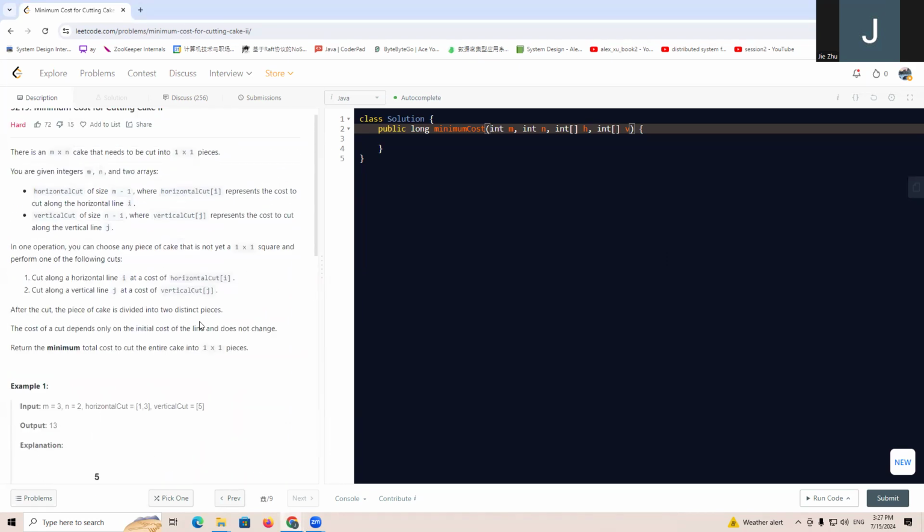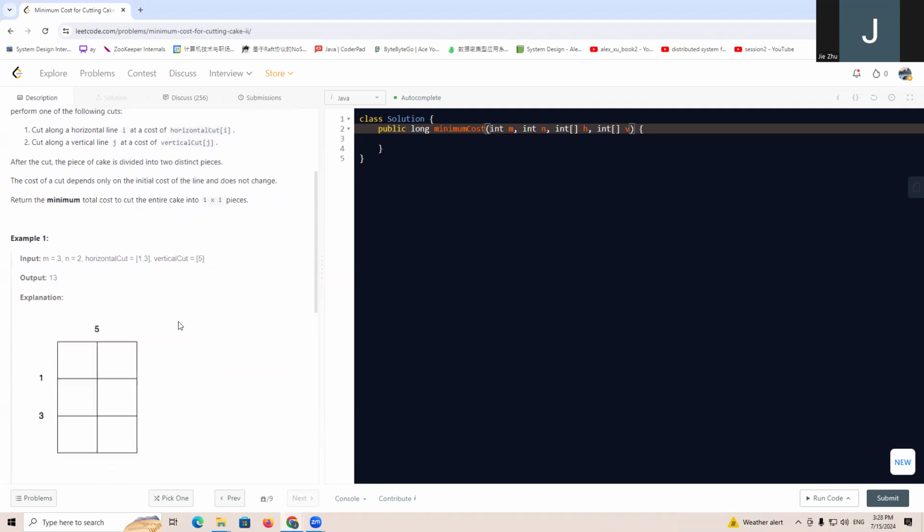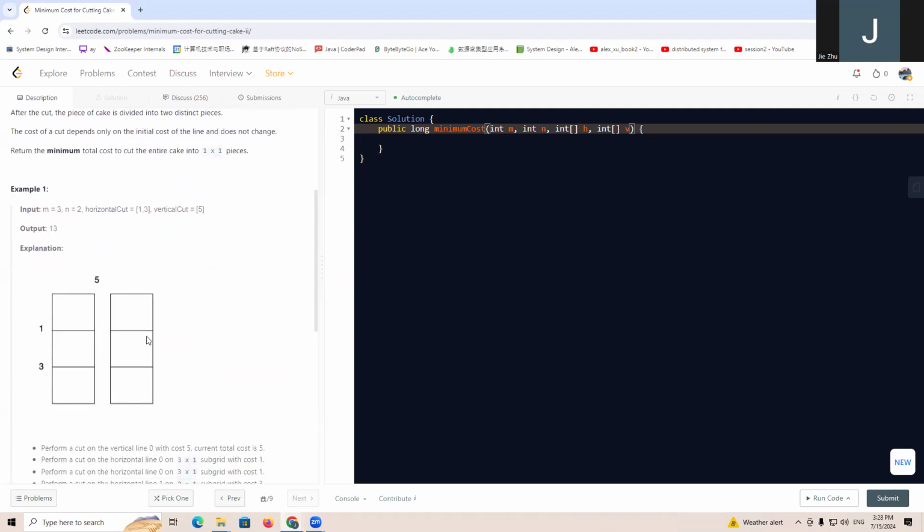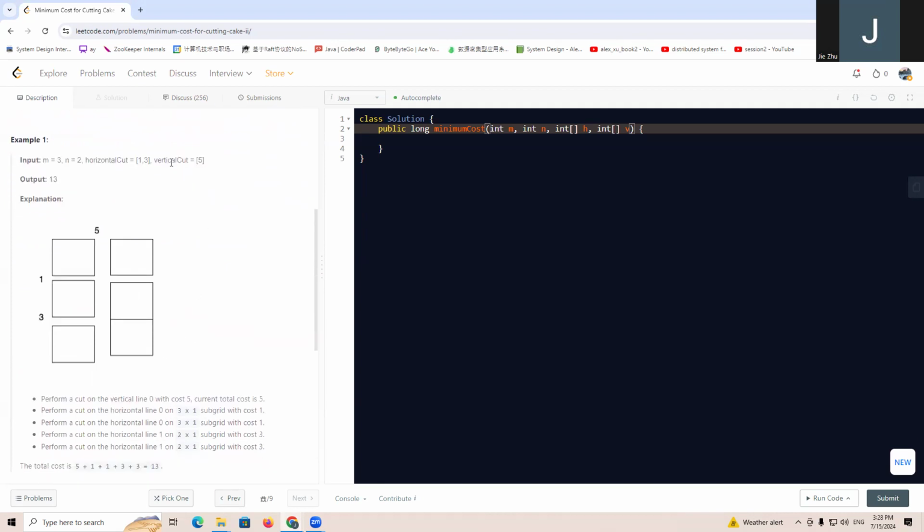For this question, if we observe how the cut is performed, we'll see it chooses the highest cost of the vertical cut and the horizontal cuts first, right? And then the first cut is doing a vertical cut of 5, and then we cut any of these two, right?